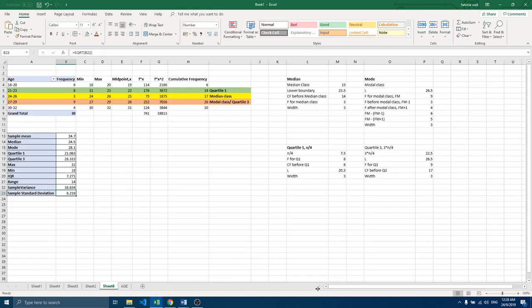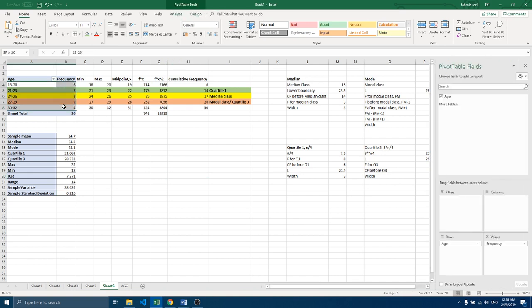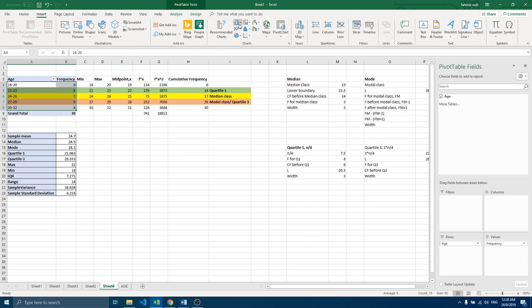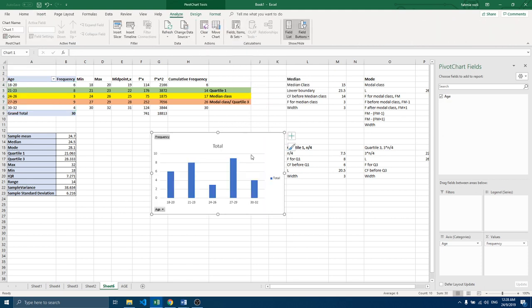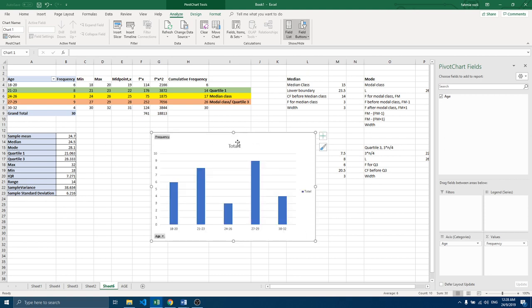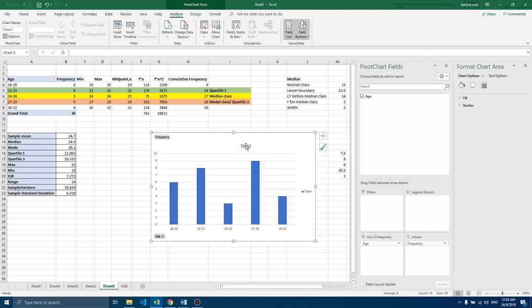Alright, now how to draw the graph. Just highlight this and insert. Maybe you can choose a histogram like this. So rename it. So this is the bar graph of each. Okay, and then you can add a title.